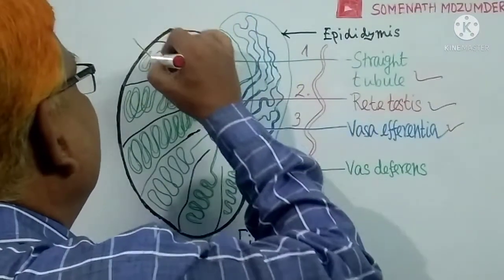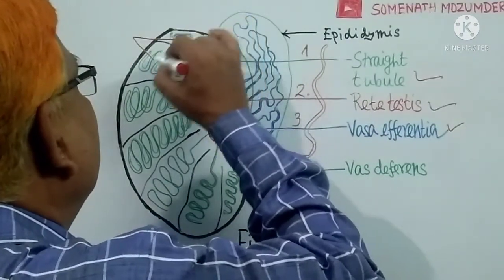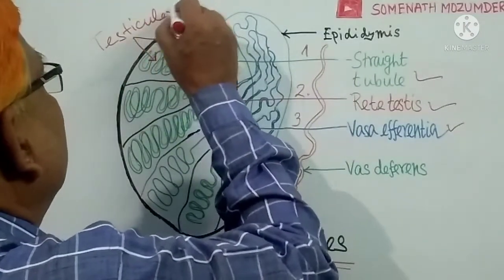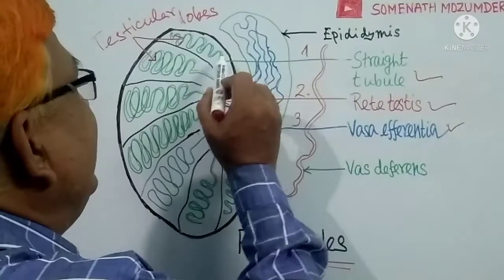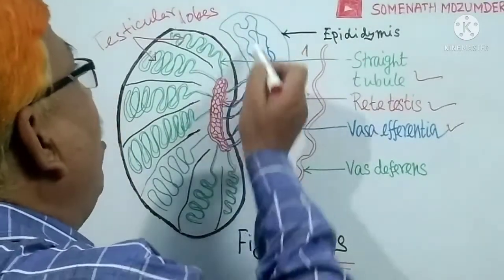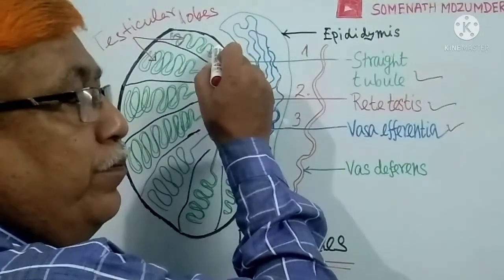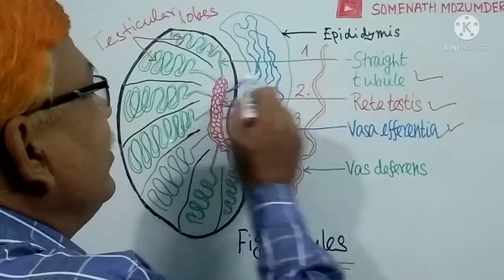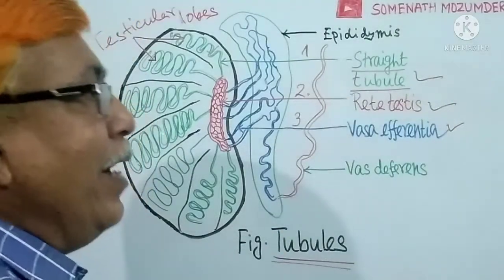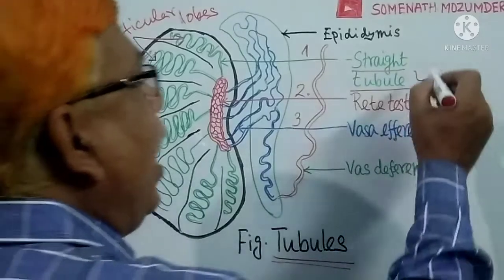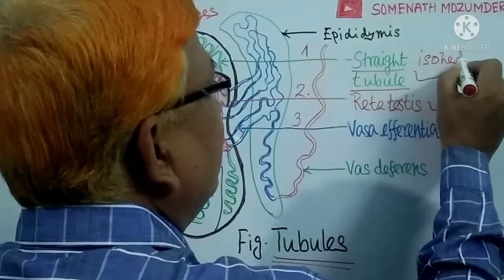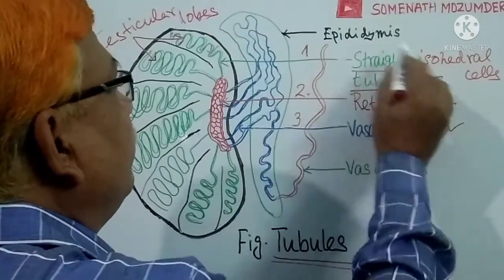These are testicular lobes. The distal ends of seminiferous tubules of each testicular lobe unite to form a straight tubule, and they are made of cuboidal cells. So these are straight tubules.